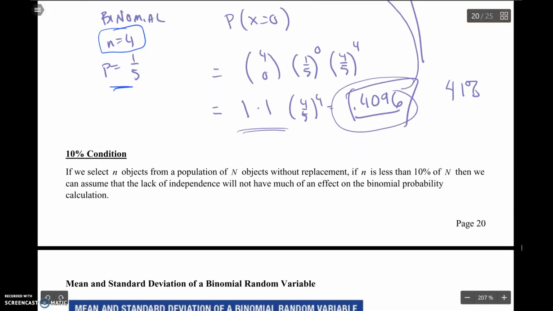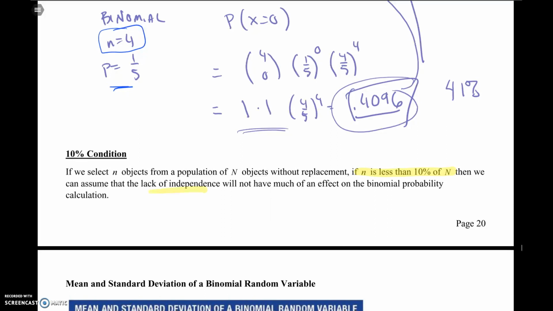So this is called the 10% condition. This lets us know whenever we can use this approximation. If we select n objects from a population big N without replacement, if our sample size is less than 10% of our population size, then we can assume the lack of independence will not have much of an effect on the binomial probability calculations.